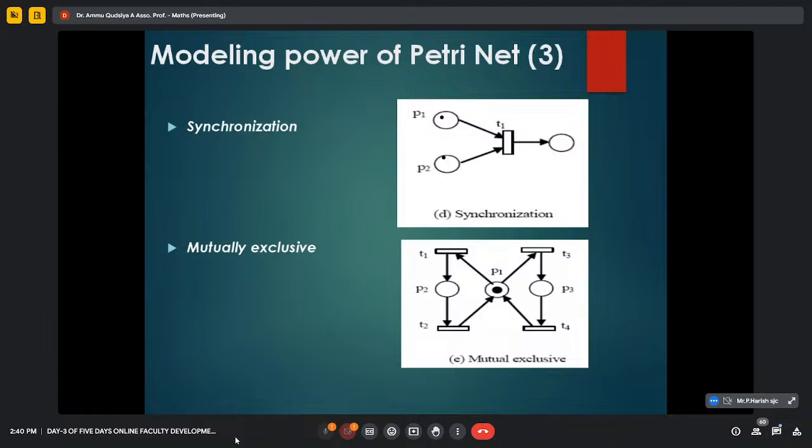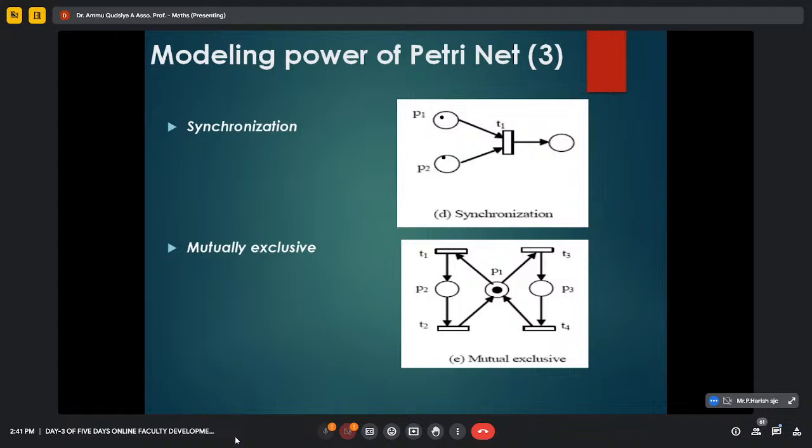The other one is mutually exclusive events. Mutually exclusive events is if a certain event happens, it will stop the other event. Again, going back to the same bicycle assembly line, if the assembly line assembles tricycles also, let us take it as an example. There is an assembly line which assembles bicycles and tricycles, but it can do only one job at a time. So if the assembly line is taken for assembling bicycles, the tricycle assembly will be stopped.